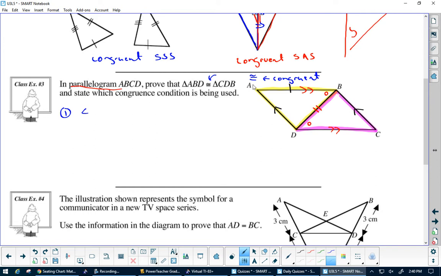Angle, we're doing ABD is equal to angle CDB. And that's what we call alternate angles. We always have to support it with why we're doing it. Okay, what else could we do now? Using past stuff to prove that these two triangles are the same, the pink and the yellow.